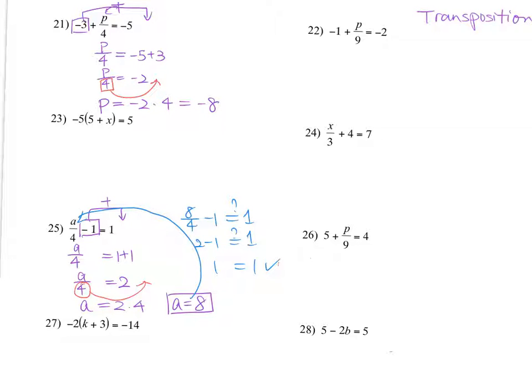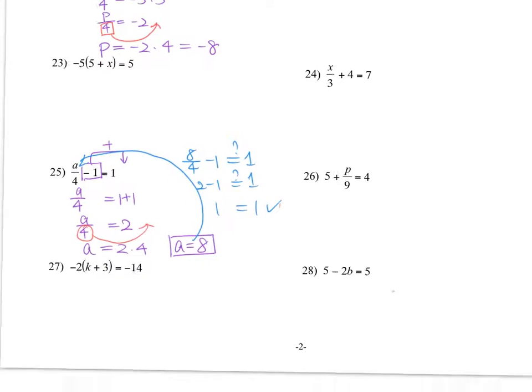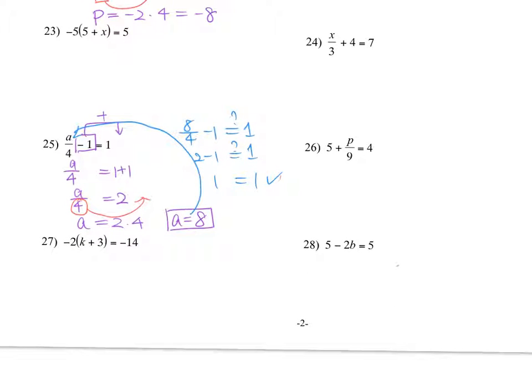So let's do one more example. Let's look at number 28. So number 28, again, I'm going to get rid of that 5 because I don't want that on the other side by switching the sign. So now I have -2b equals 5 minus 5. So -2b equals 0.